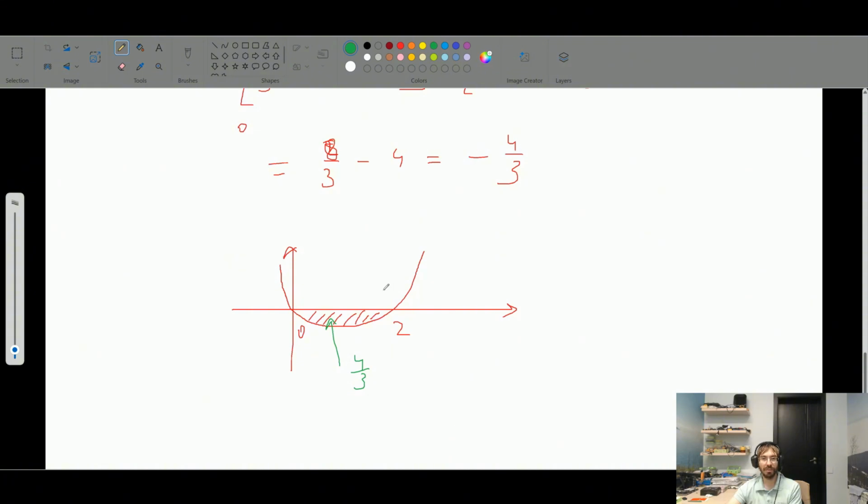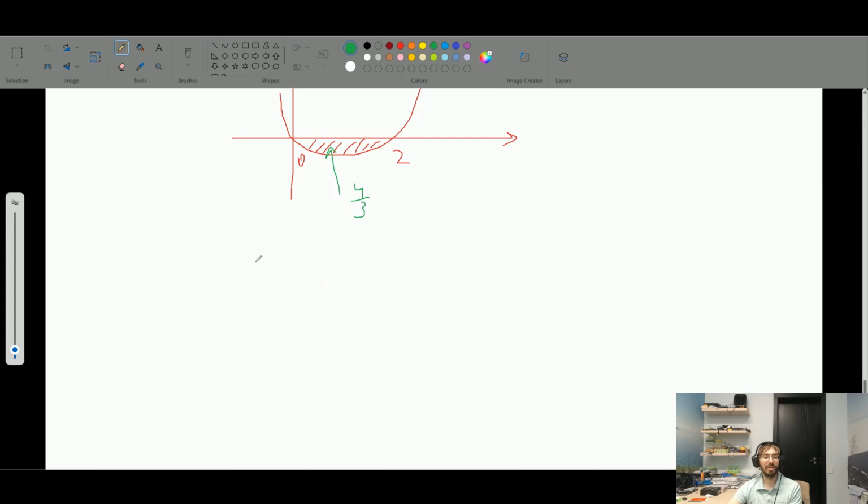And now final words on when you cannot just calculate the definite integral and find the area like that. Well, the first case is when the function is broken. For example, you have a hyperbolic function, y equals 1 over x.